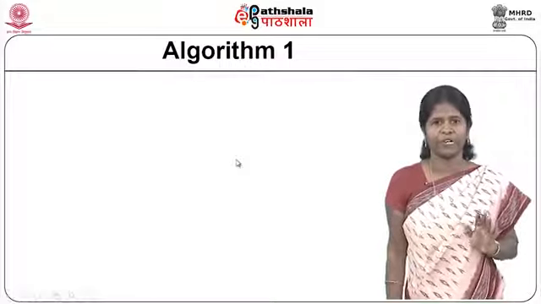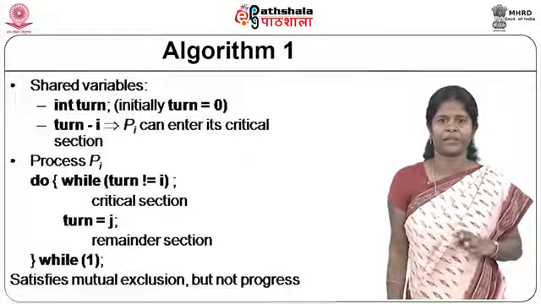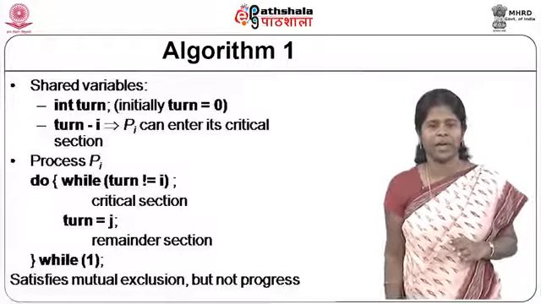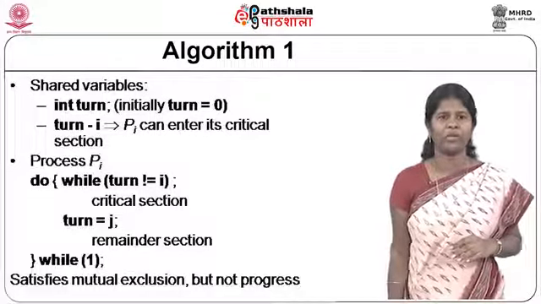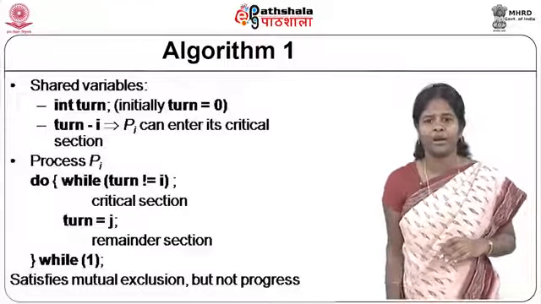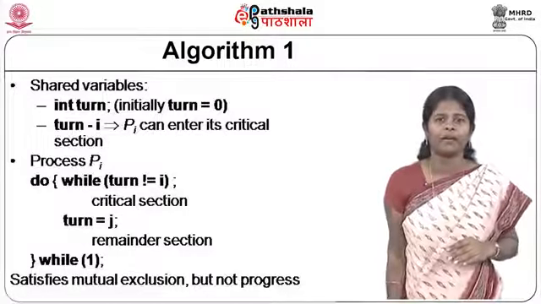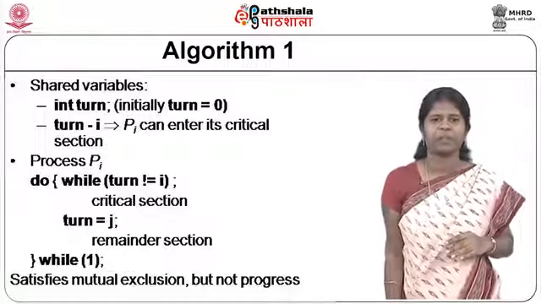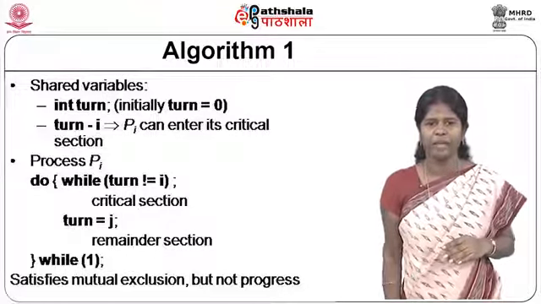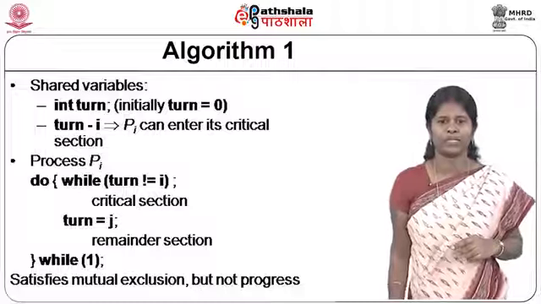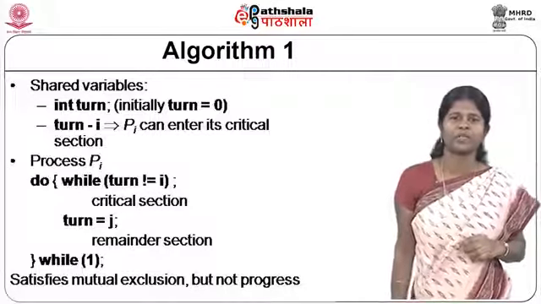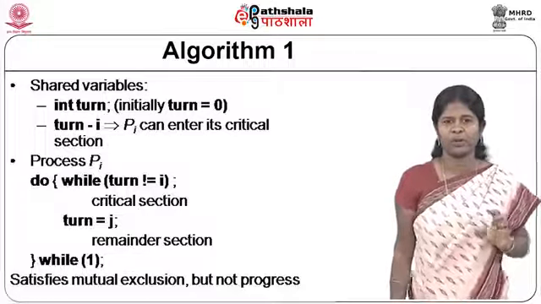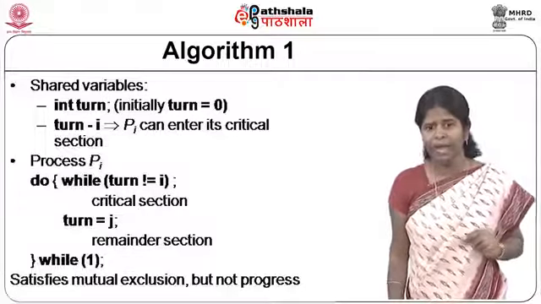Now we look at one algorithm that gives a solution to this critical section problem, and in this algorithm the common variable is called turn, and the structure of each process is given this way. The process Pi will execute like this: while turn not equal to i, it will just keep on waiting. So this is the code for process Pi.